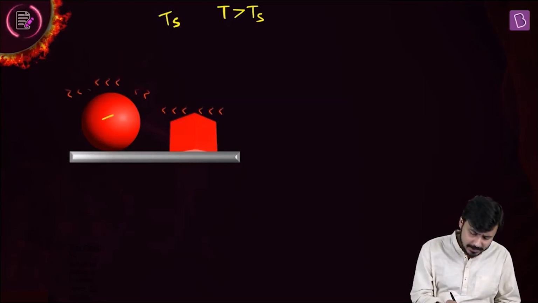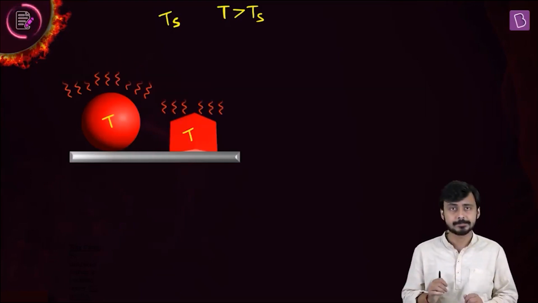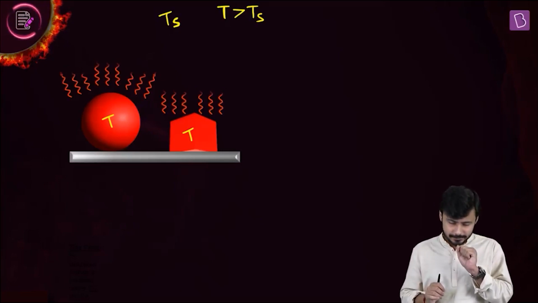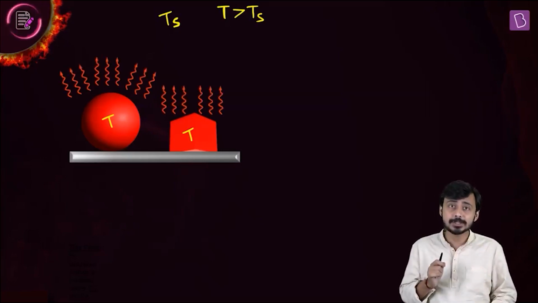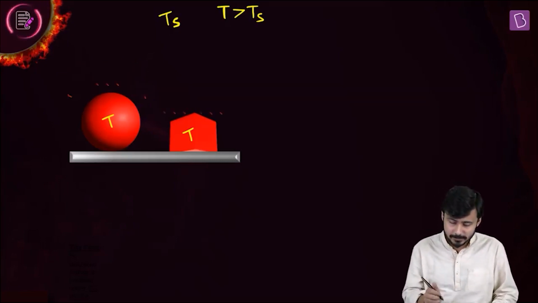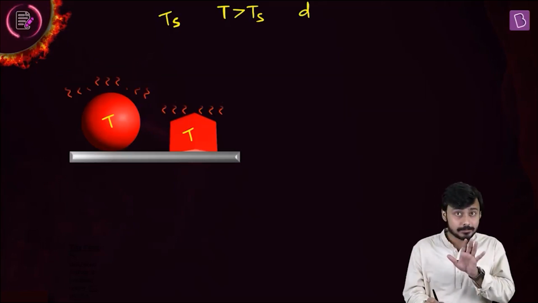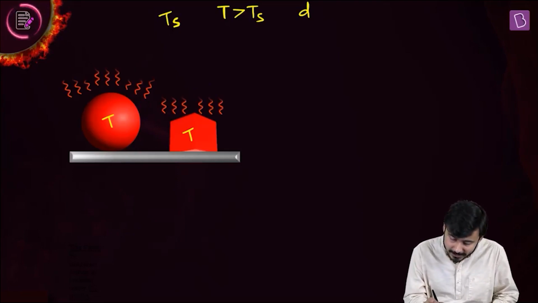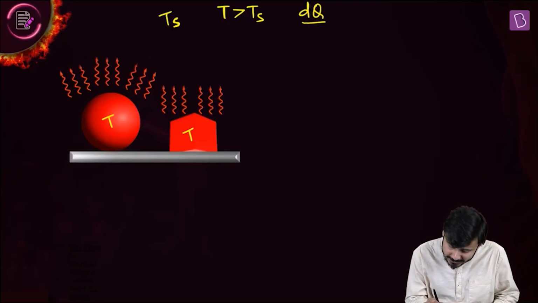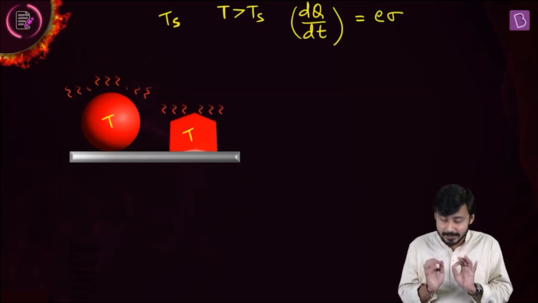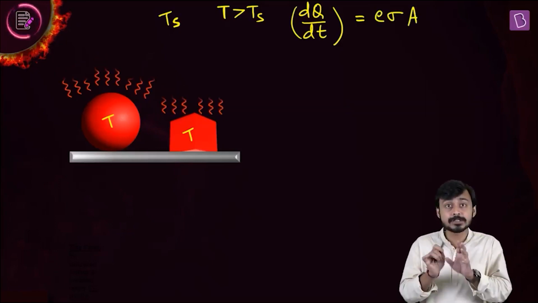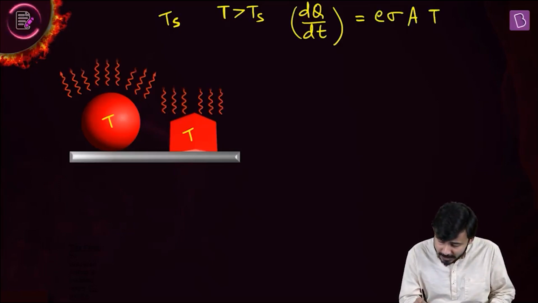Stefan's law says that every body which has a temperature greater than 0 Kelvin will emit heat energy at a rate given by dQ/dt equal to sigma E A T power 4. E is the emissivity and A is the exposed surface area.